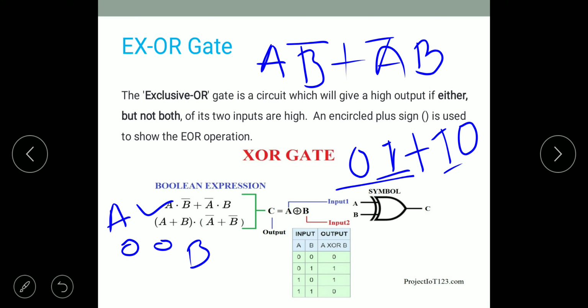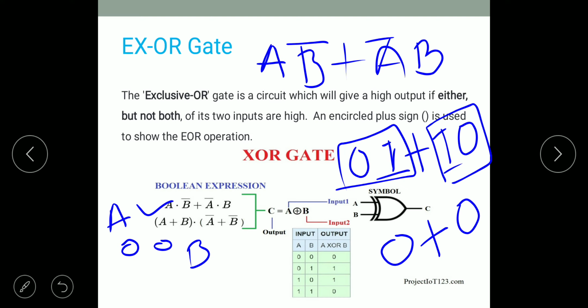Now apply the AND gate operation. 0 into 1 is 0, plus 1 into 0 is 0. Then the OR operation, 0 plus 0 is 0. So the answer is 0.